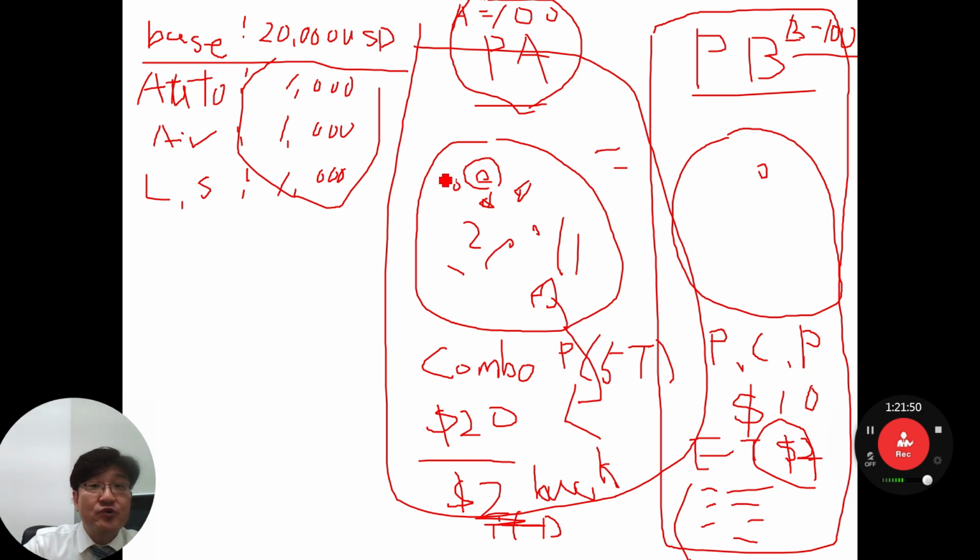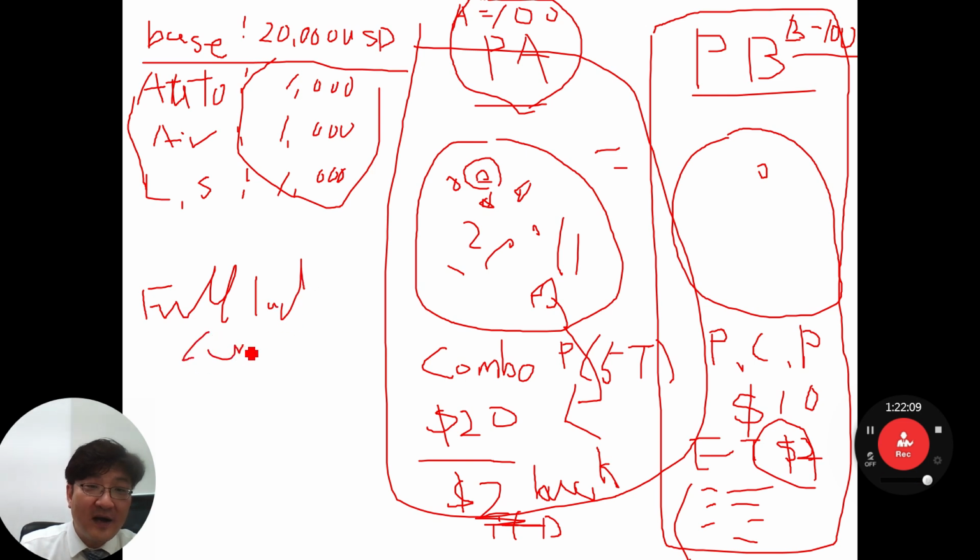If you want to end up selling a car with more features, then you need to present it as a fully loaded car at like $25K. But if you do not need air conditioner, I'm going to give you $1,000 back. If you do not need auto transmission, I'm going to give you $1,000 back.